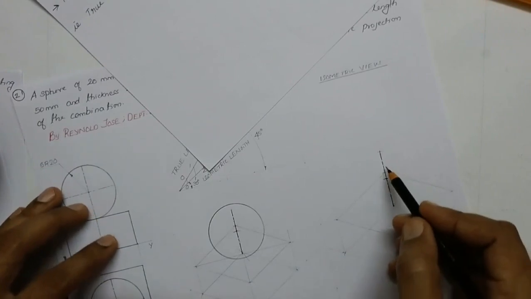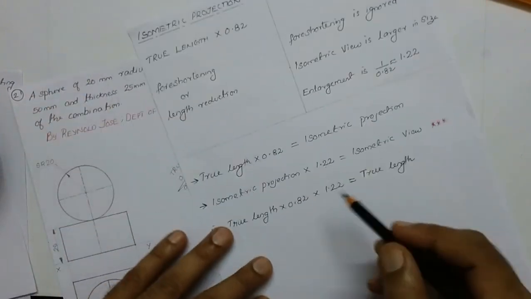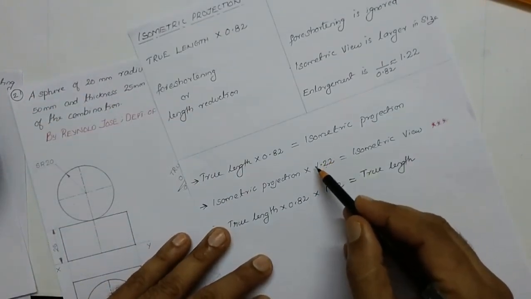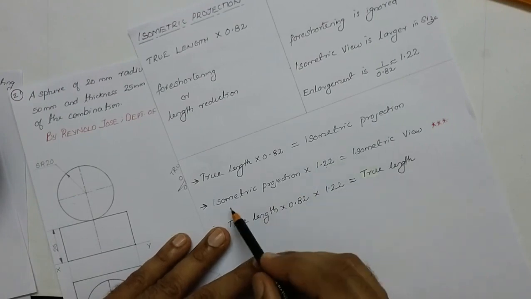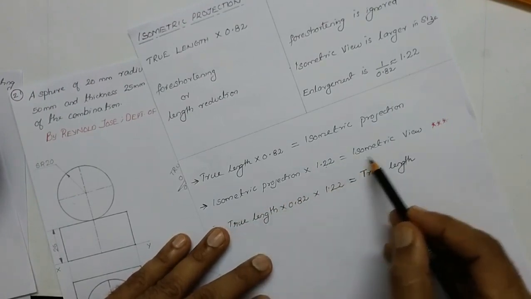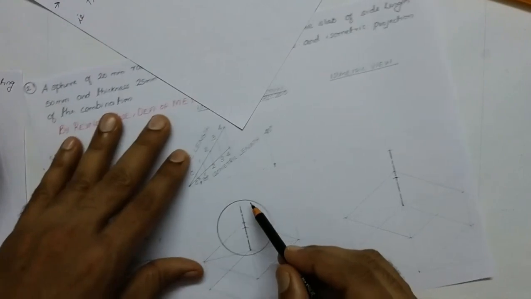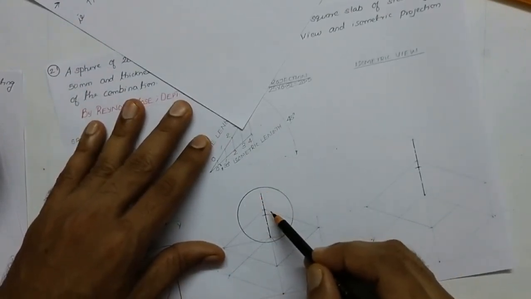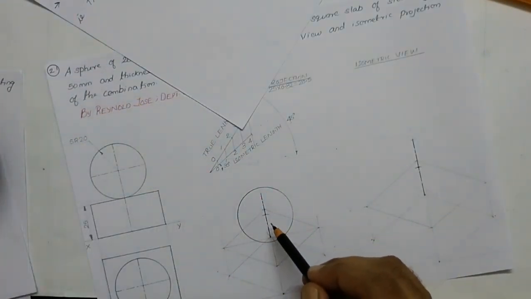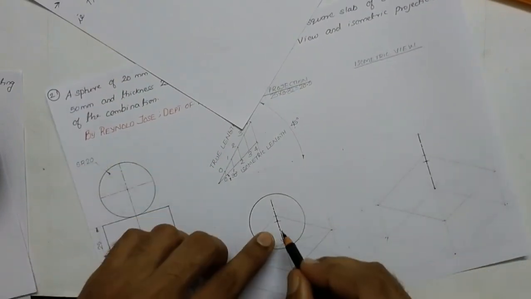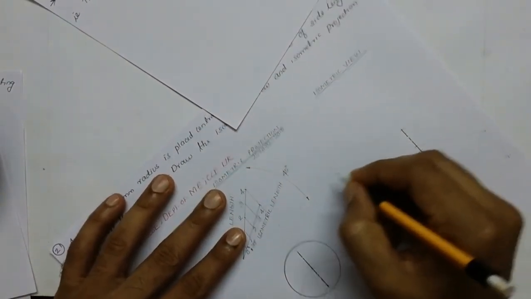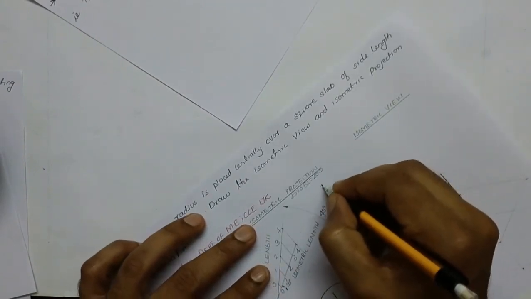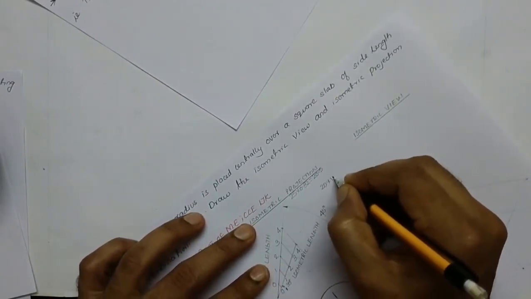And when it comes to isometric view, you have to multiply it with 1.22. So isometric projection into 1.22 is equal to isometric view. So in this case, the radius is not getting reduced. So we have to multiply 20, the spherical radius, into 1.22.